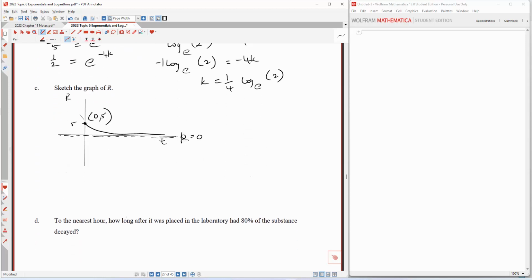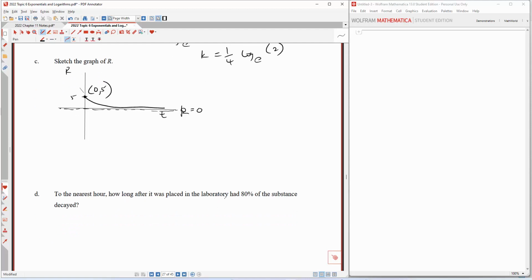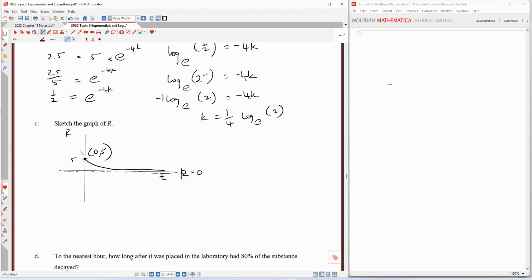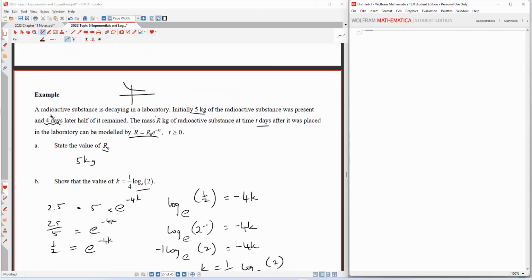To the nearest hour, how long after it was placed in the lab had 80% of the substance decayed? All right, so 80% of the substance decayed means 20% of it left. So let's work out what 20% of the initial amount is, which is 5. So the way we're going to do that is go 0.2 times 5 is 1.